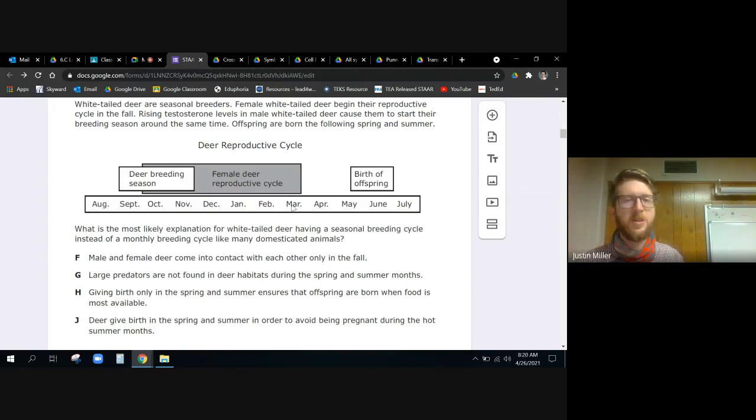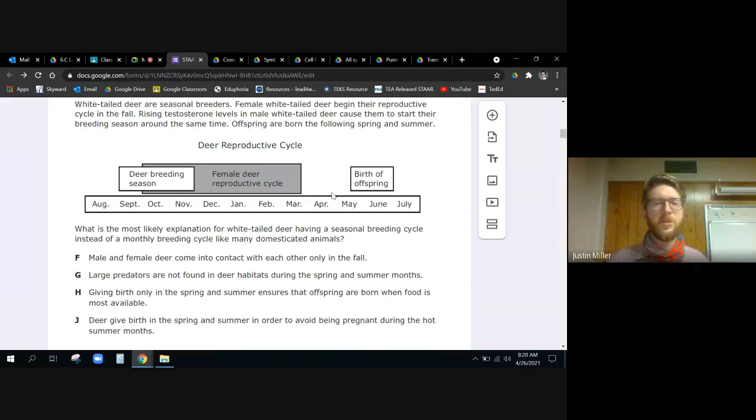The best chance of survival for baby deer is in May, June, July. That's whenever they actually have the offspring. So if they want to have them during this time, they need to breed during this time in the fall.